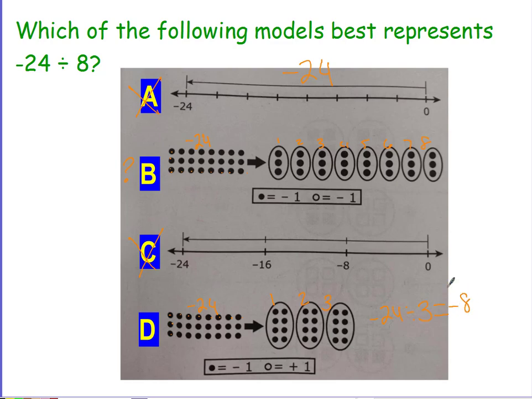I'm looking for negative 24 divided by 8. So even though D was close, my best answer would be B. Make sure that whenever you're reading, you understand that this is the total and these are your groups.